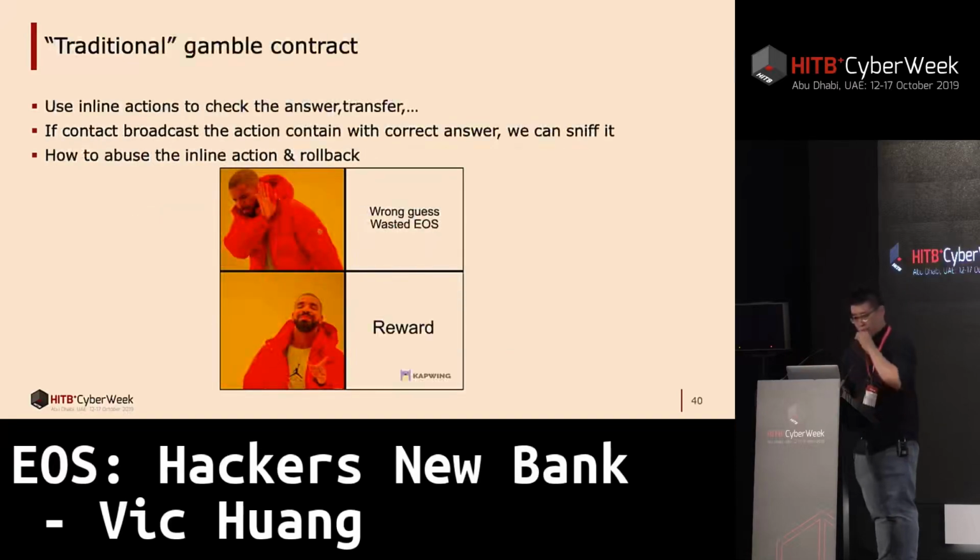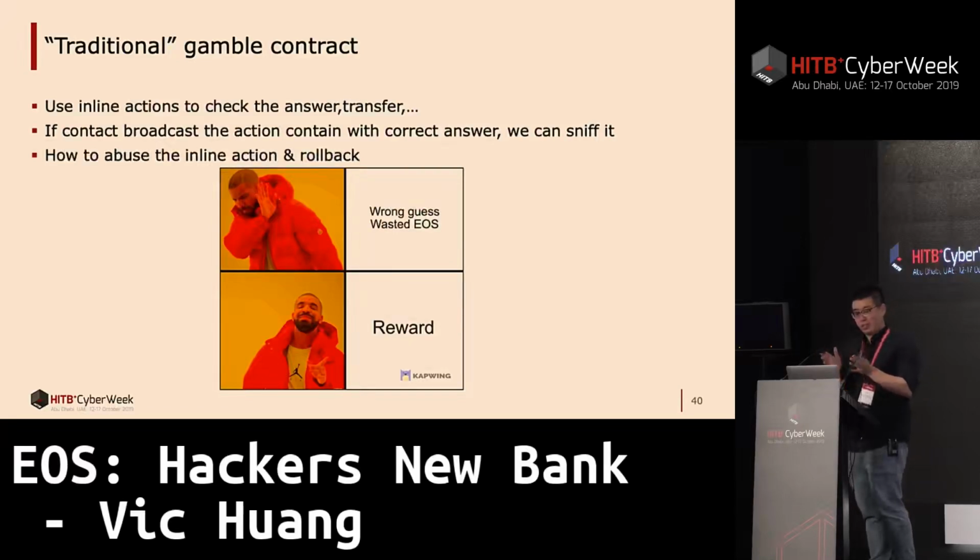So how can we abuse this mechanism? In traditional gamble contracts, they use inline functions to check the answer and do the transfer. It means they use a series of actions, and if one of the actions errors, the whole series of actions will be rolled back.